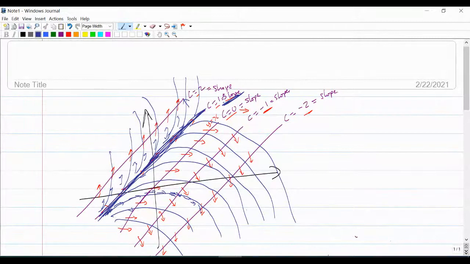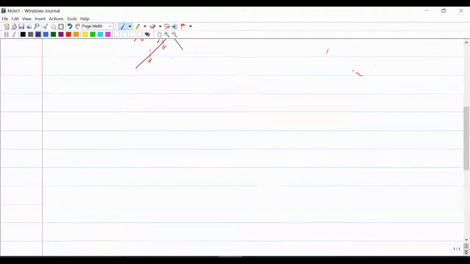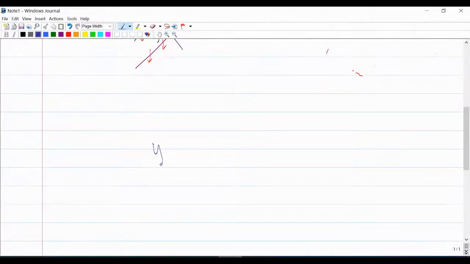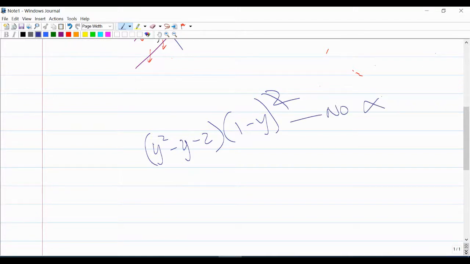The whole differential equation was dependent on y only, explicitly. So it was what we call an autonomous differential equation: y squared minus y minus 2 into y minus 1 squared. It's basically solely in terms of y. You see here, we don't have any x value. There is no x component here.